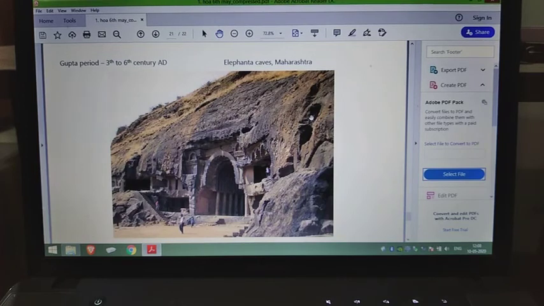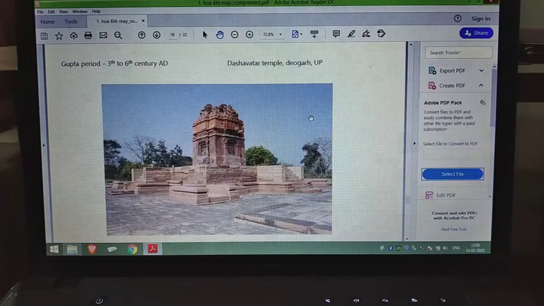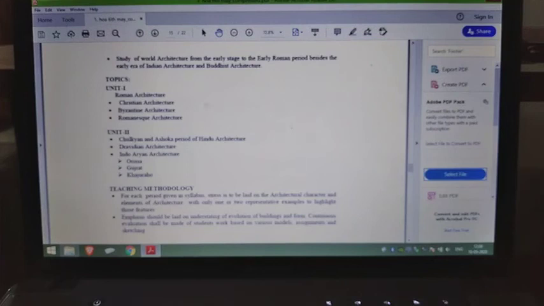So now we have established that there is some disregard as far as the Gupta period of architecture is concerned, which is followed by the Chalukya period of Hindu architecture. Now, if you look at the syllabus again, what they have done is they divided Indian Hindu architecture during this period, from the 3rd century to about the 11th or 12th century, in two categories, Dravidian architecture and Indo-Aryan or the Nagara style architecture.